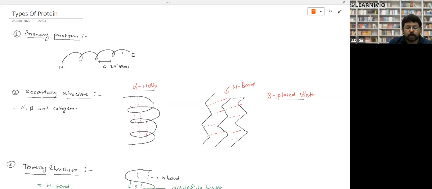A sheet is produced instead of a fiber like alpha helix.